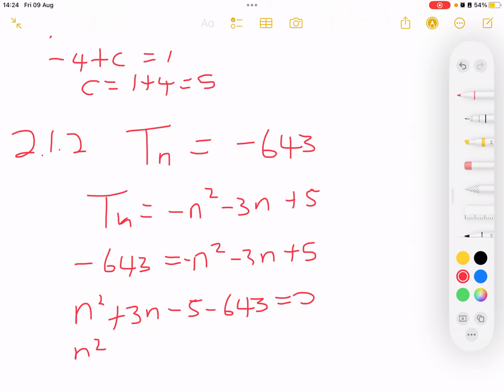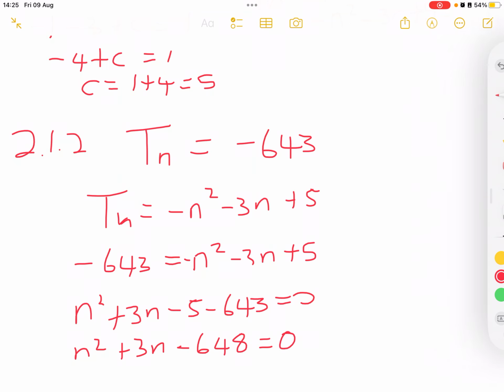So n squared plus 3n minus 648 is equal to 0.